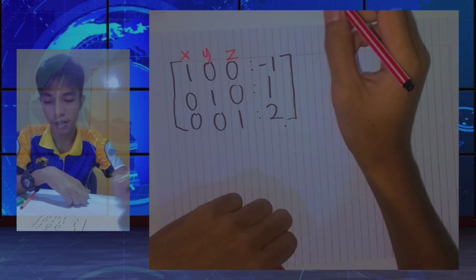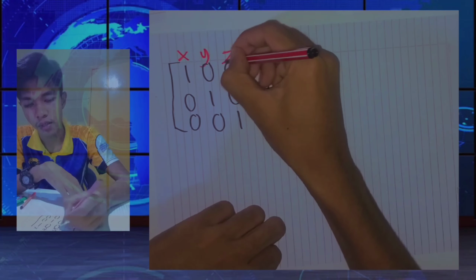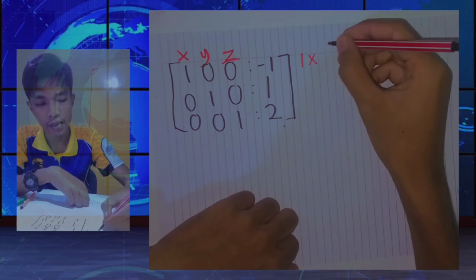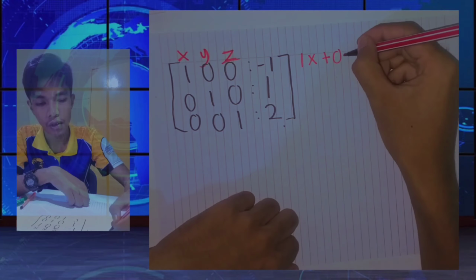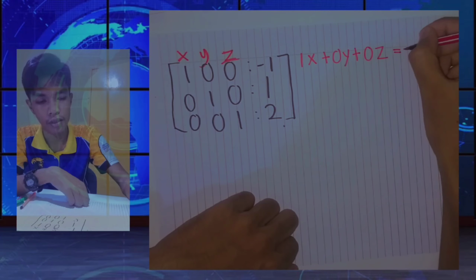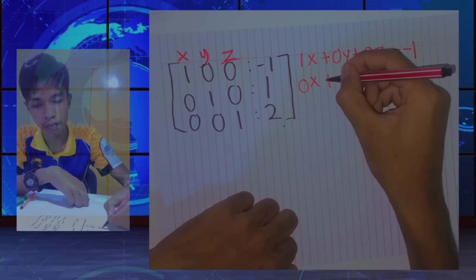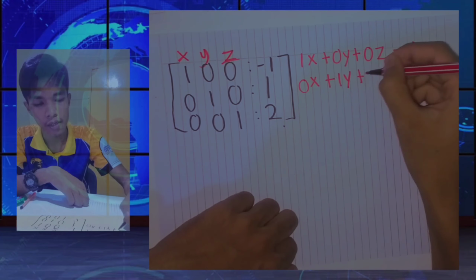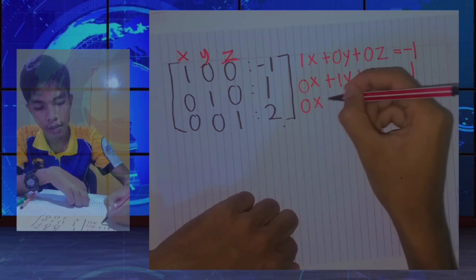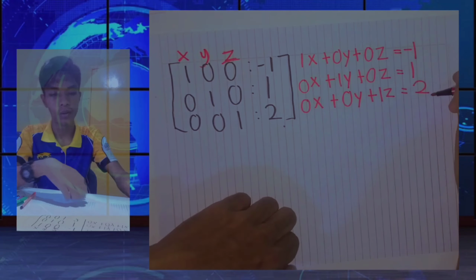So back to our equations, and put the variables for our matrix, which are x, y, and z. So this means 1x plus 0y plus 0z equals 1, and the second one is 0x plus 1y plus 0z equals 1, and here is 0x plus 0y plus 1z equals 2.